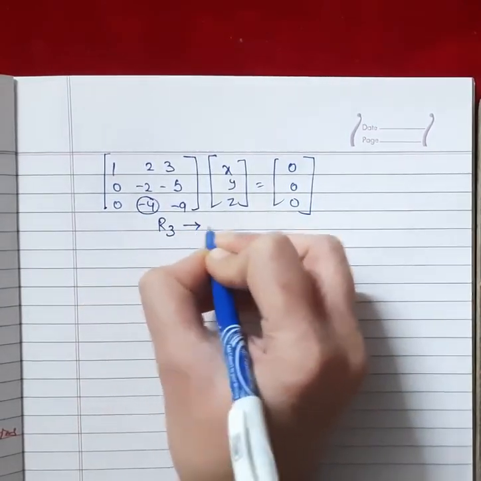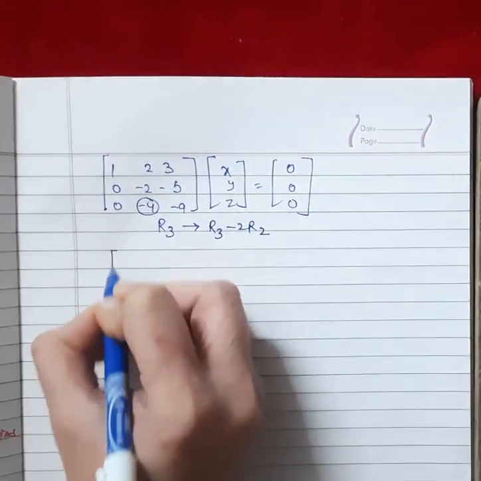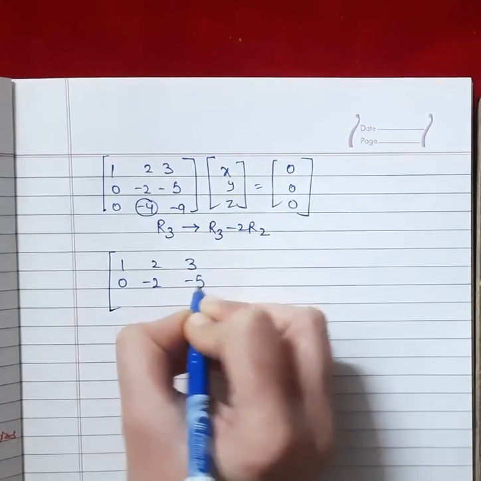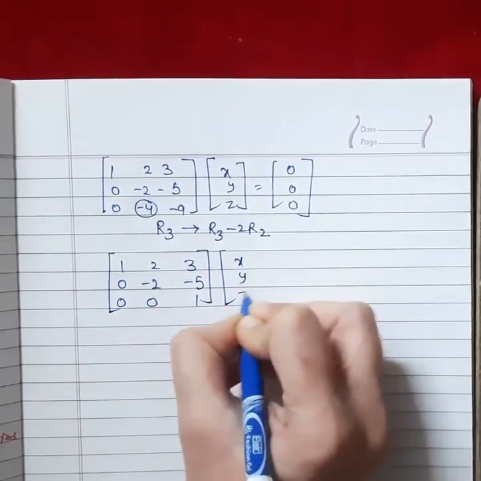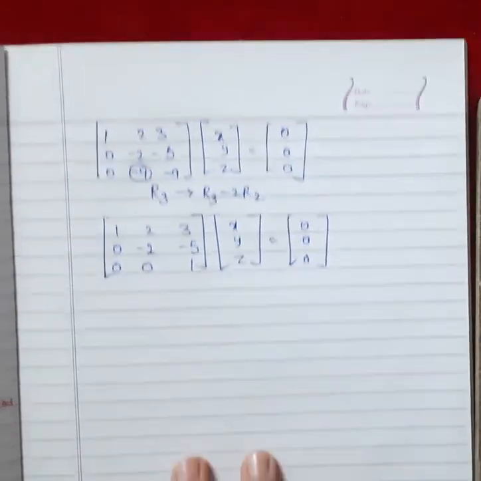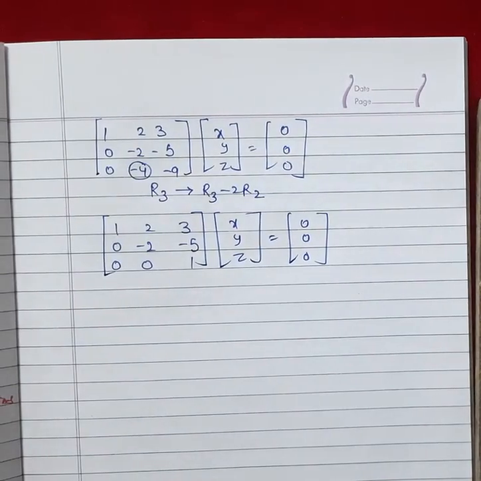For that, let's apply the operation R3 minus 2 times R2. Then the above system is equivalent to [1, 2, 3; 0, -2, -5; 0, 0, 1] times [x, y, z] equals the zero vector. Now we can see this is the desired echelon form of our matrix A.